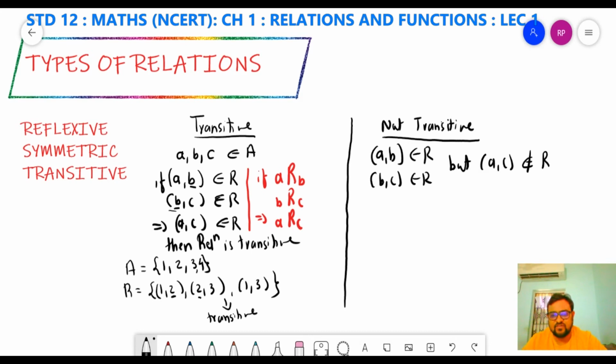Okay? So if the relation was like this: (1, 2), (2, 3), (1, 4).